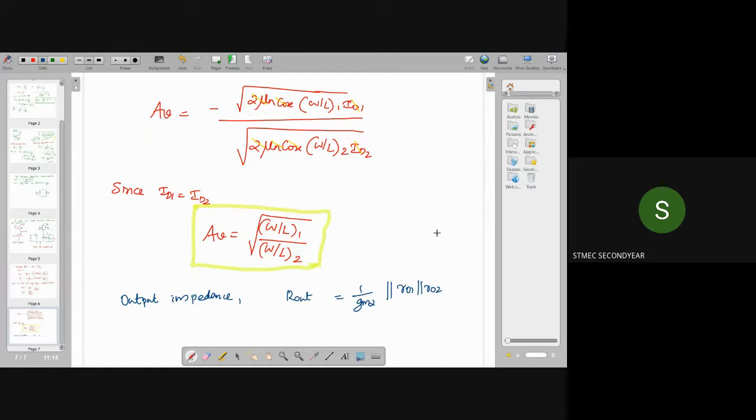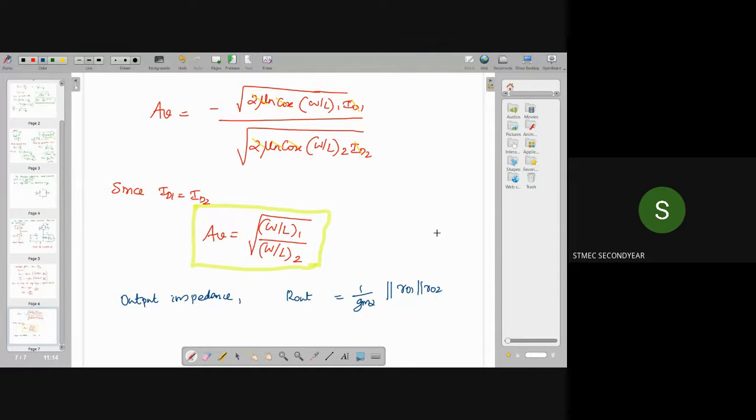Okay, so this is the output impedance for the circuit. Input impedance depends upon the biasing circuit. For R1, R2 voltage divider biasing, it will be R1 parallel R2, or for fixed biasing, it will be RG.